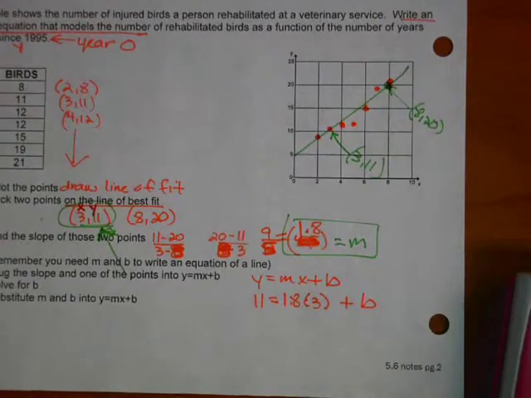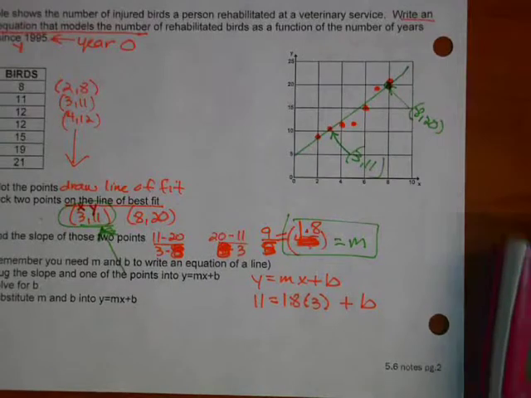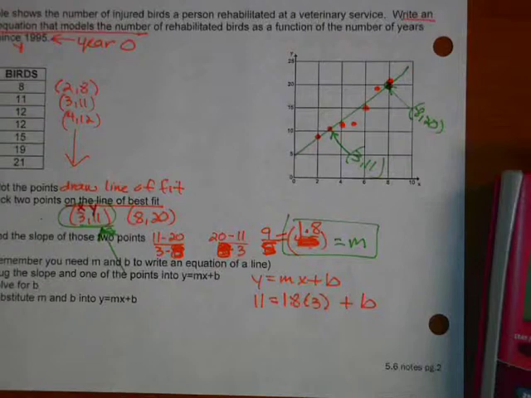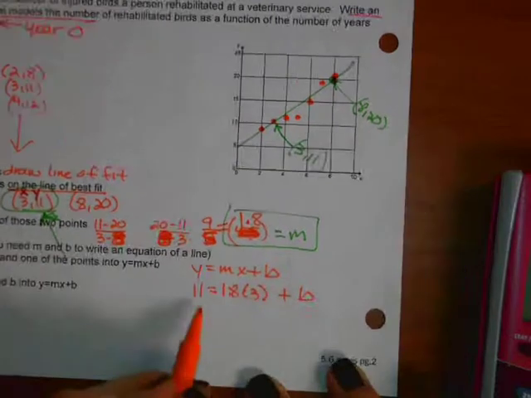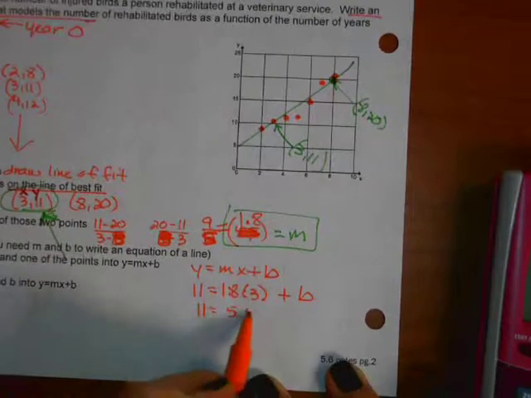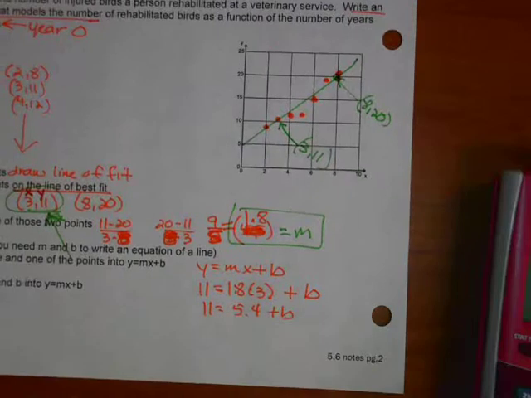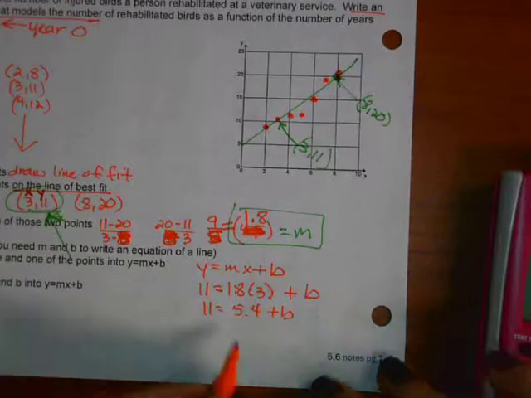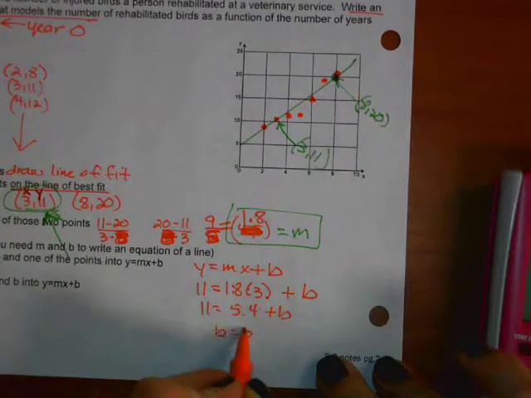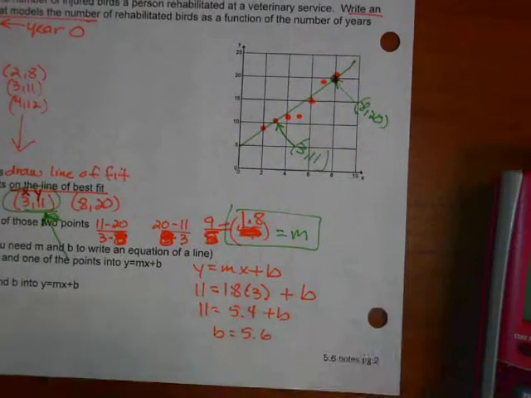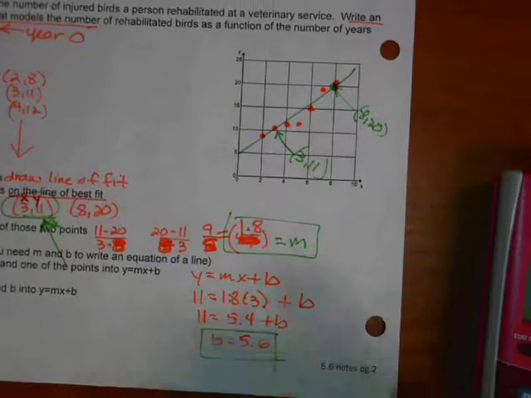Okay? All right, so 1.8 times 3 is 5.4. Subtract 5.4 from 11. Oh, so I got my b and I have my m. Now I can write the equation of the line.